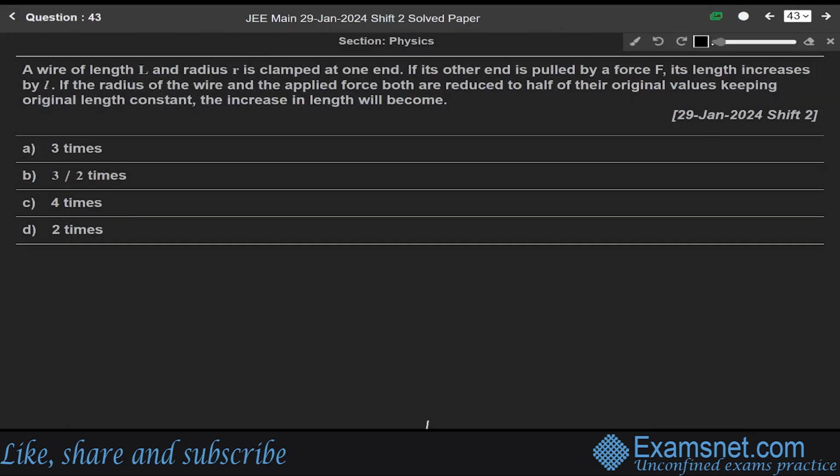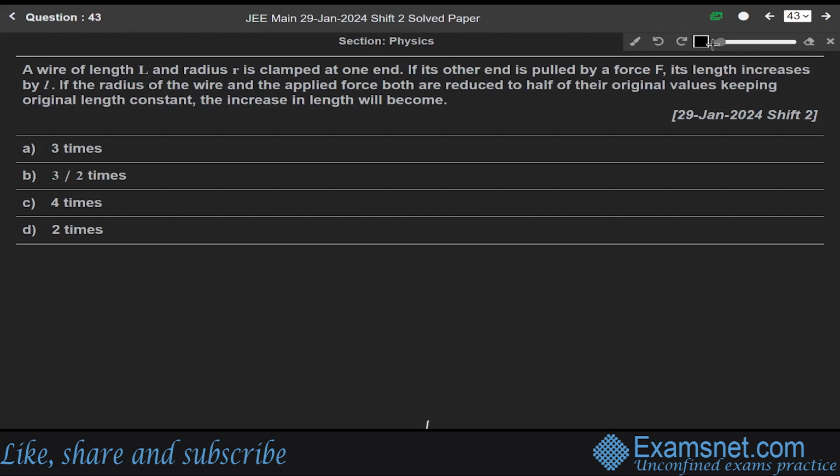So the next question is 43. This says that a wire of length L and radius R is clamped at one end. If its other end is pulled by a force F, its length increases by l. If the radius of the wire and the applied force both are reduced to half of their original values, keeping original length constant, the increase in length will become.